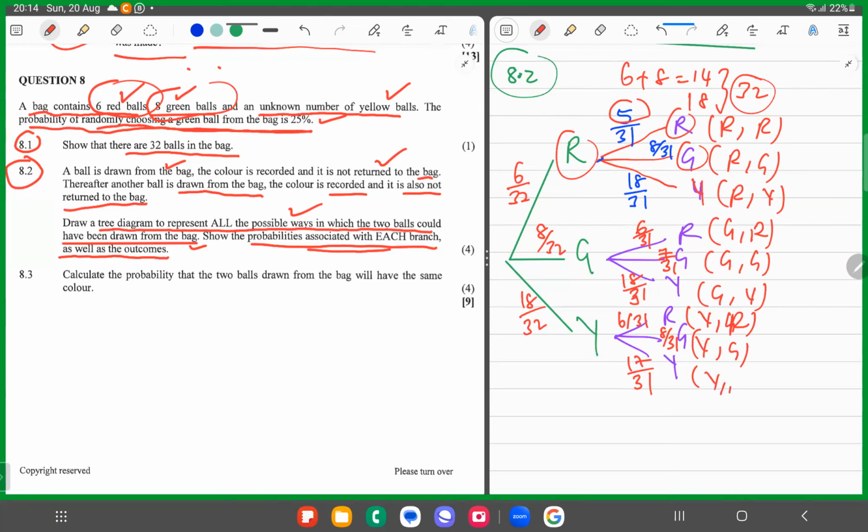Here you can do yellow, yellow, like this. Okay, so we good. Okay, continue.